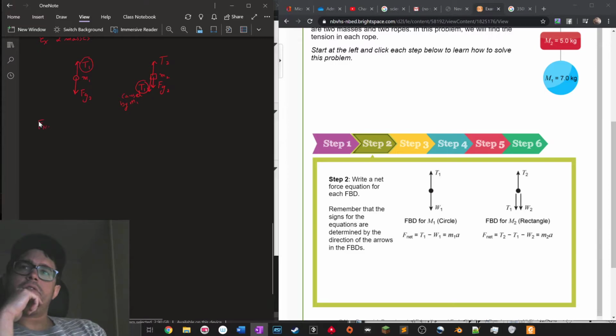F net is going to be the sum of the forces, and it's going to be T1 plus FG1 for this one.